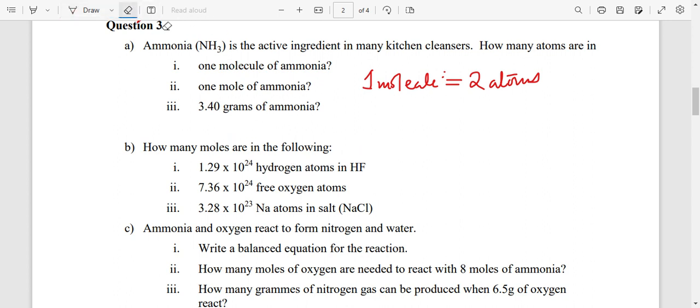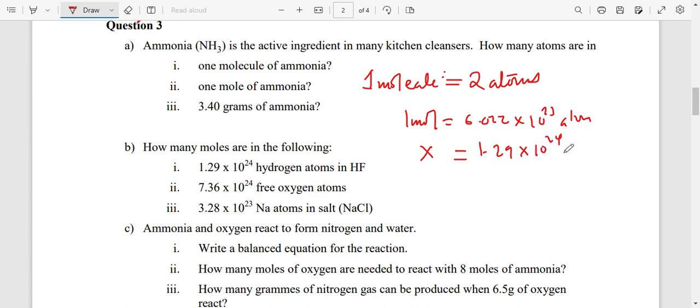Okay, so we know that one mole is 6.022 times 10 to the power 23 atoms. Now, we want to find how many moles are going to be in 1.29 times 10 to the power 24 atoms. To find x is simply going to be this value divided by 6.022 times 10 to the power 23 atoms.